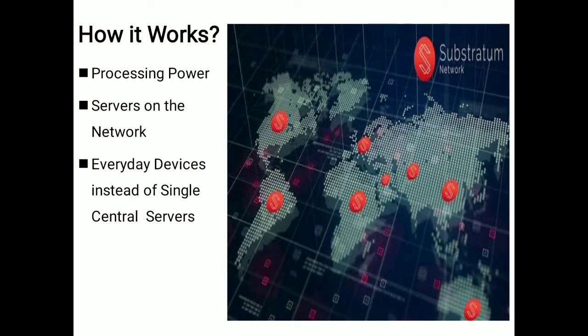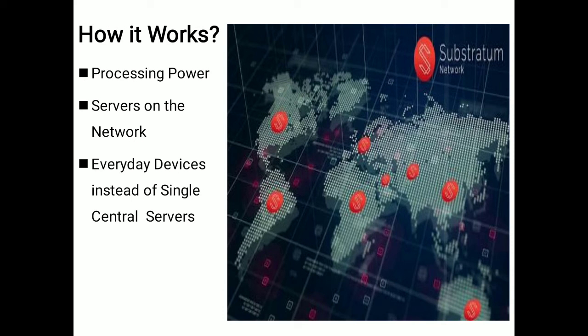So now let's talk about how Substratum works. If we look in detail, it uses a small overall percentage of the processing power of your desktop. Substratum works by storing website files securely on your desktop. Then your desktop transmits these files to the network using a small amount of processing power.